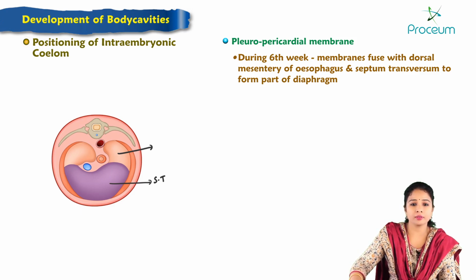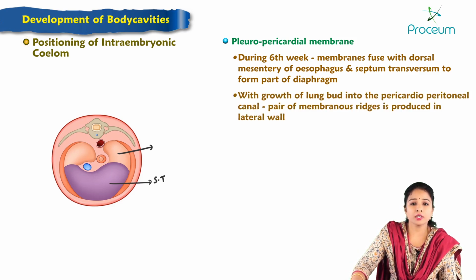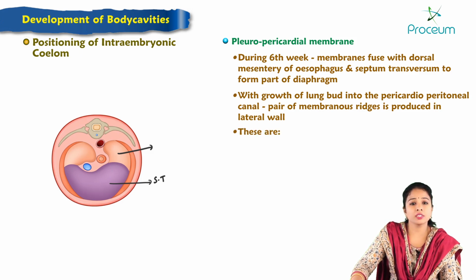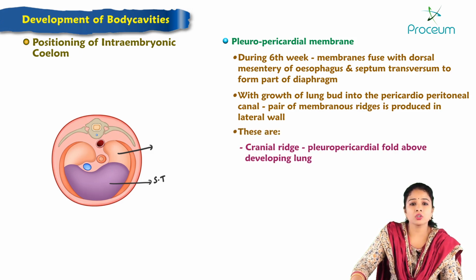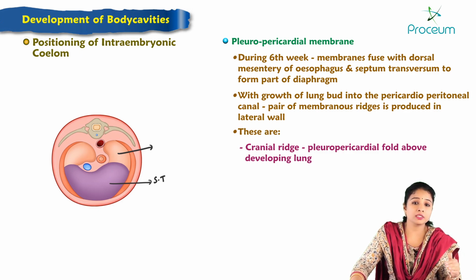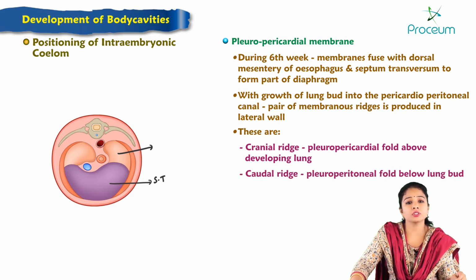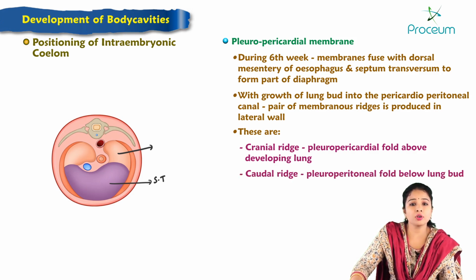With the growth of the lung bud into the pericardio-peritoneal canal, a pair of membranous ridges are produced in the lateral wall of this canal. These are a cranial ridge called the pleuropericardial fold, which is present above the developing lung, and a caudal ridge, called the pleuroperitoneal fold, which is below the lung bud.